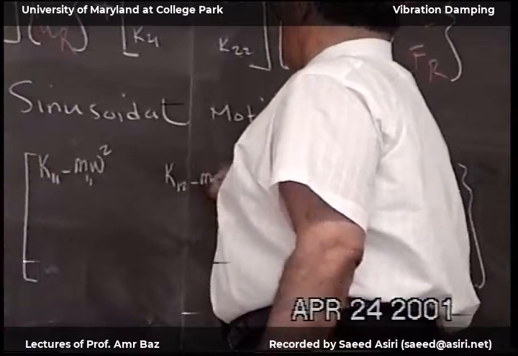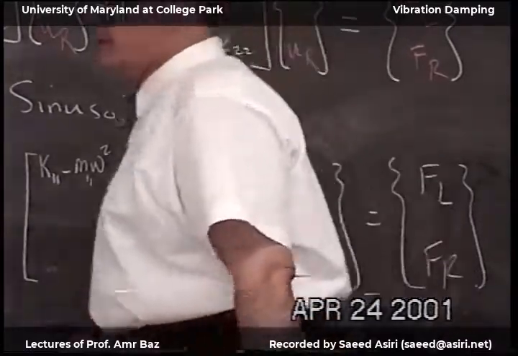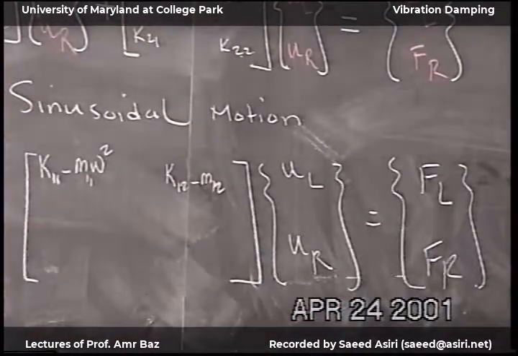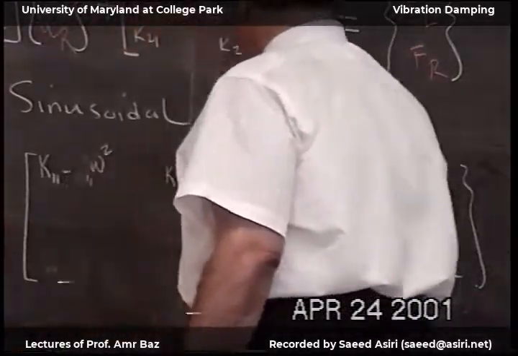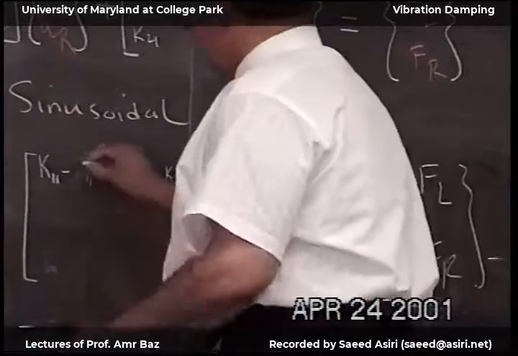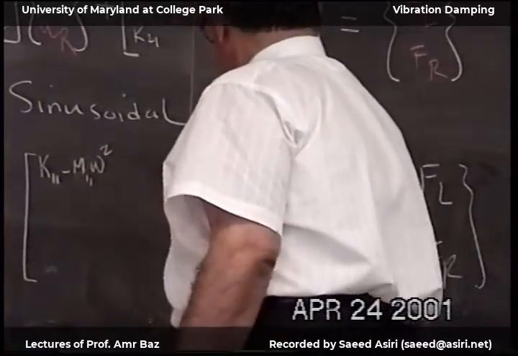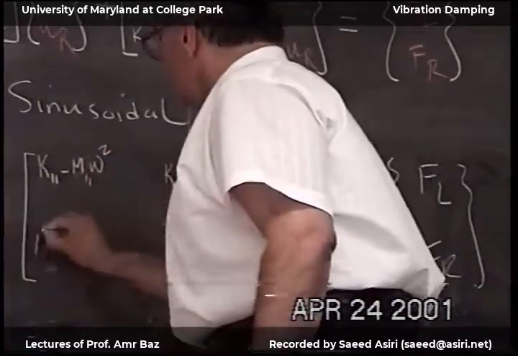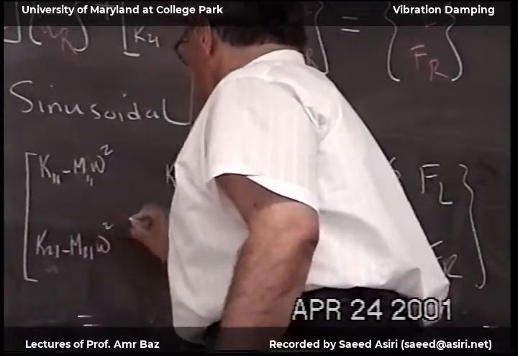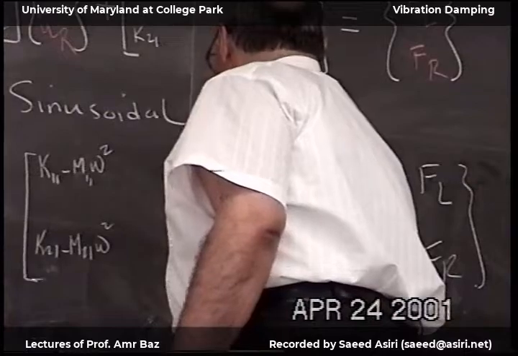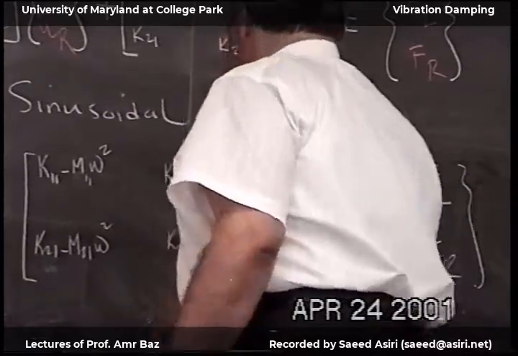K12 minus M12 omega squared, K21 minus M21 omega squared, K22 minus M22 omega squared.